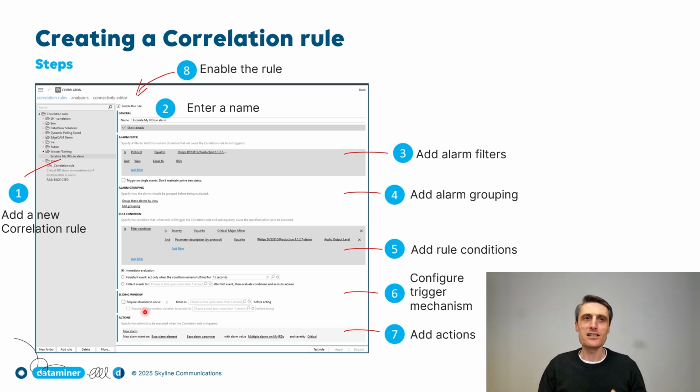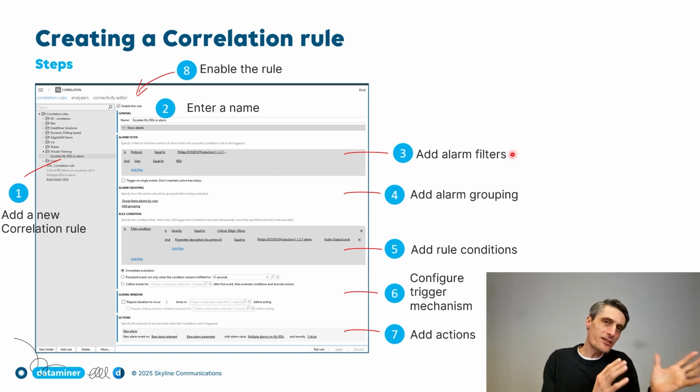And the very basic first thing we will do is contain an alarm filter, because that's typically what we will do. The correlation engine is getting all the alarms in. And basically you need to say, well, if this and this and this is happening in the system, then you need to react on it. So we do that with alarm filters.